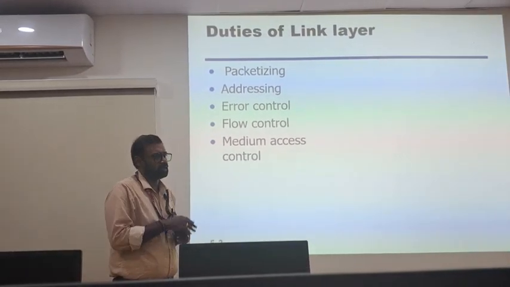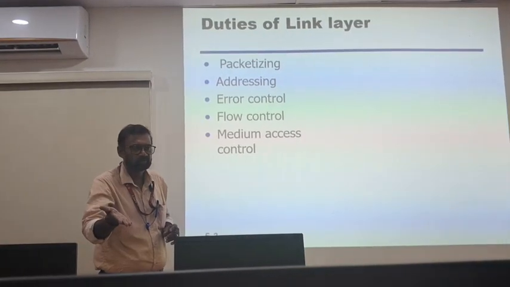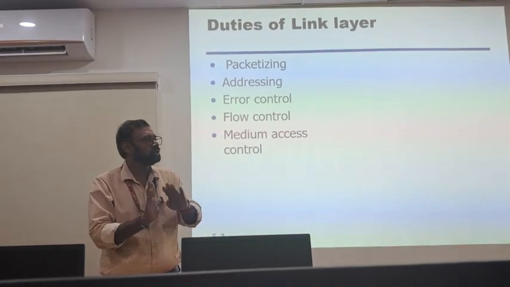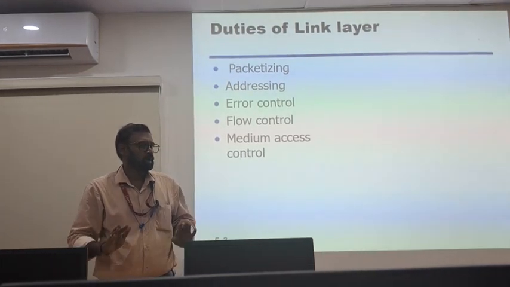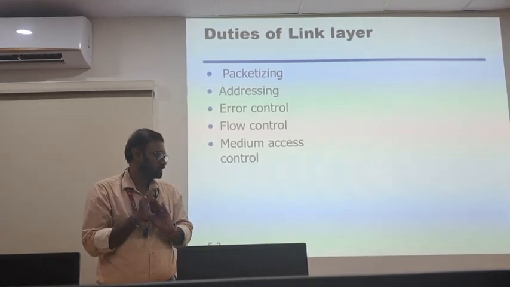simply called the link layer. Why is it called the link layer? As I told you just now. Because except for the physical layer, which only deals with electrical and mechanical specifications, right? Afterwards, the electrical signals are converted to binary signals.